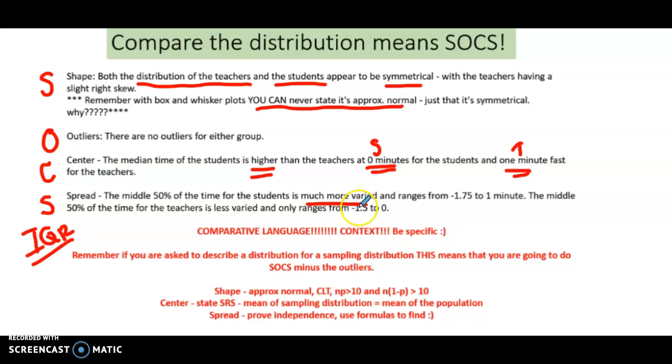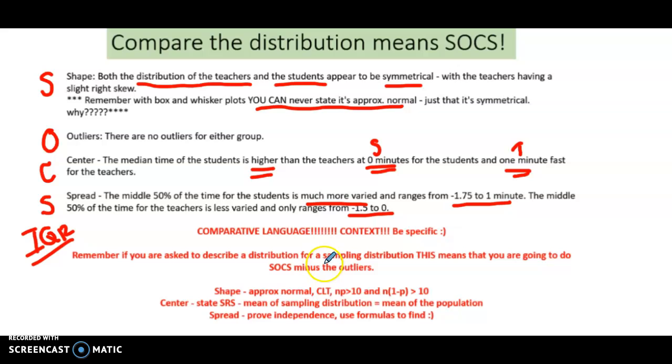More varied is our comparative language. So you can say more varied, less varied, or the same. Notice how we have the range of the IQR, and the middle 50% of the teachers is less varied and ranges from -1.5 to 0. So just make sure that you're using comparative language in context and be specific.